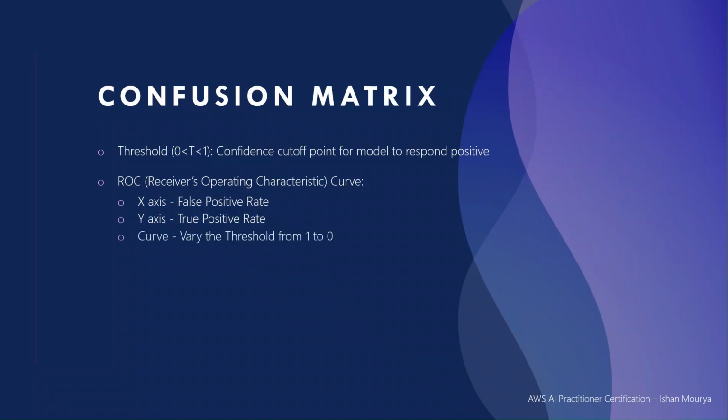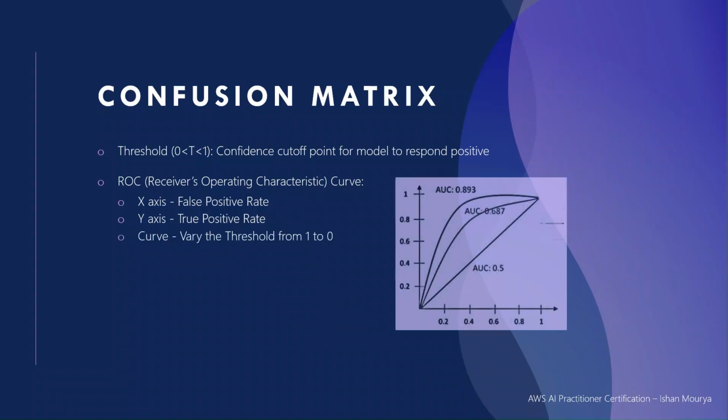If your threshold is fixed, the false positive rate will have a value and the true positive rate will have a value, so on the graph you would get a single point. But if you vary your threshold from 1 to 0, you get a graph of false positive rate versus true positive rate, which can look something like this.